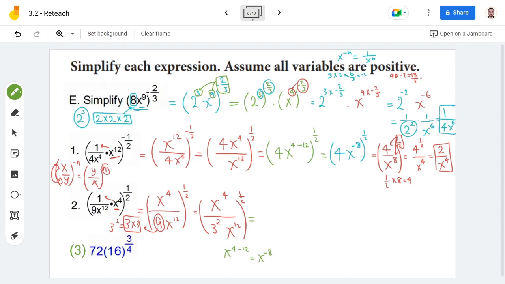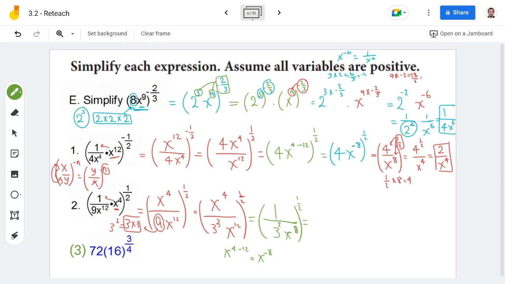So let me rewrite it: 1 over 3 to the power of 2 times x to the power of 8. Sorry, I wrote it down and I wrote negative, but it's okay. So x to the power of 8. Now, don't forget the power of 2 here.